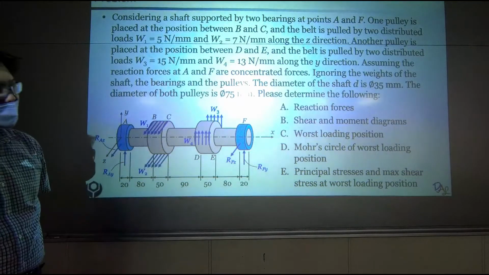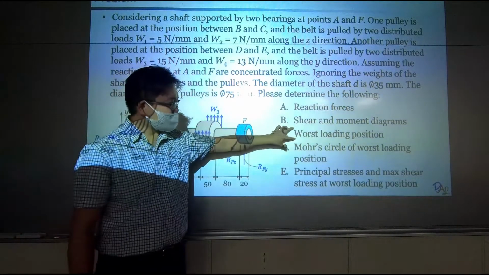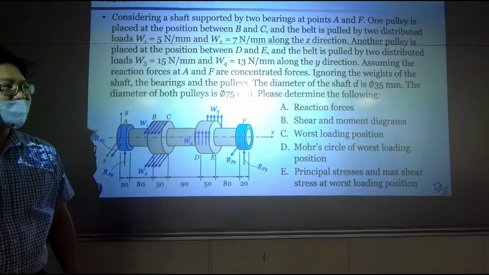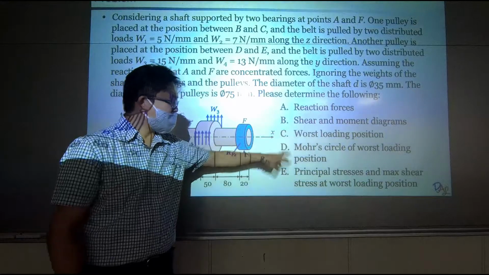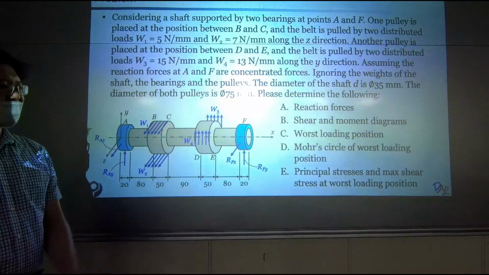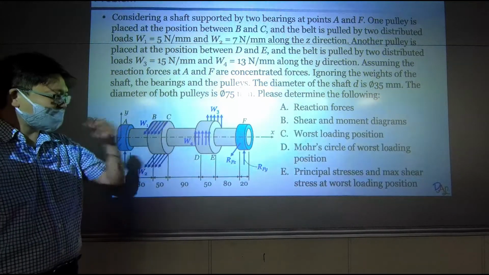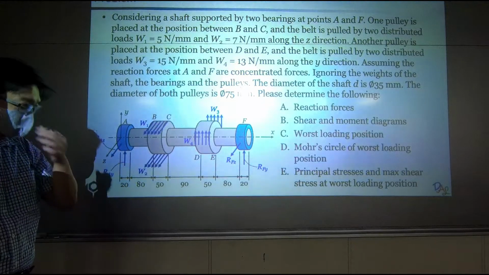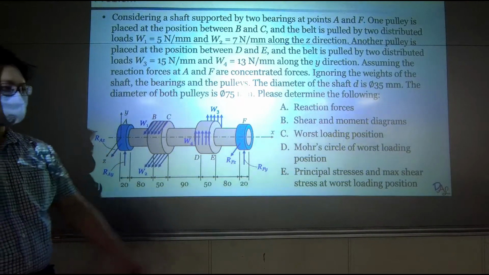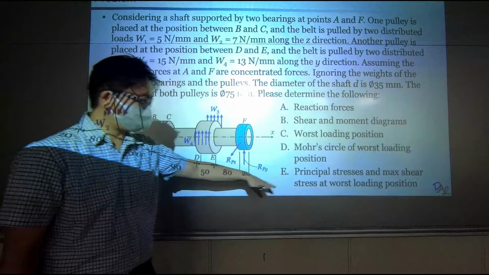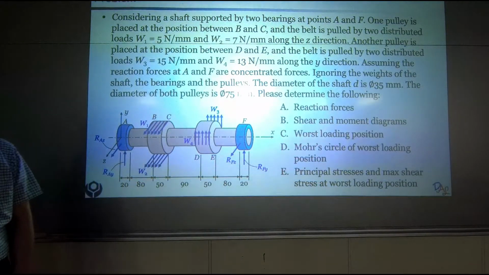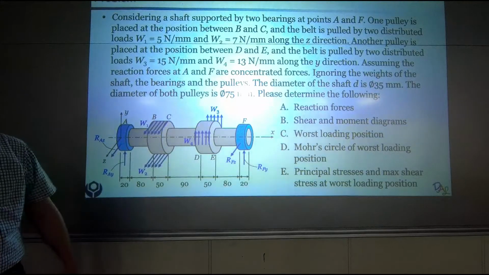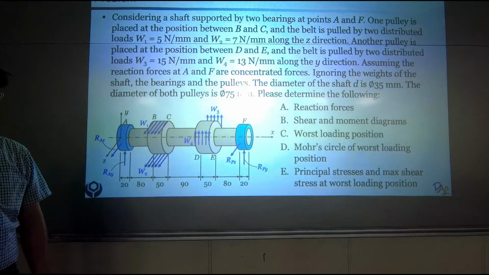And once we determine which position is having the maximum load, we will plot out the Mohr circle of that position, and then we could calculate the principal stresses, maximum shear stress. With principal stress and maximum shear stress, we can do mechanical design.